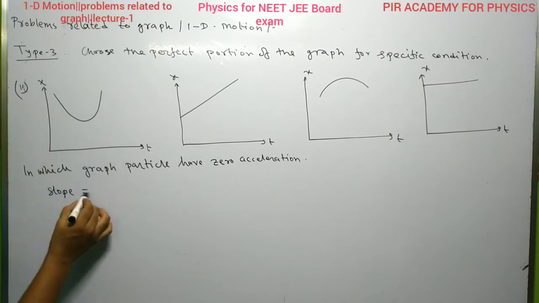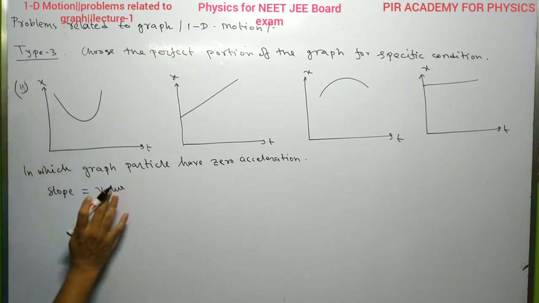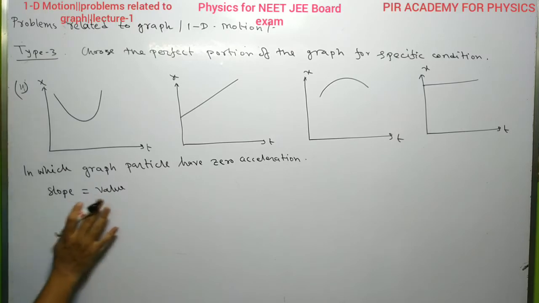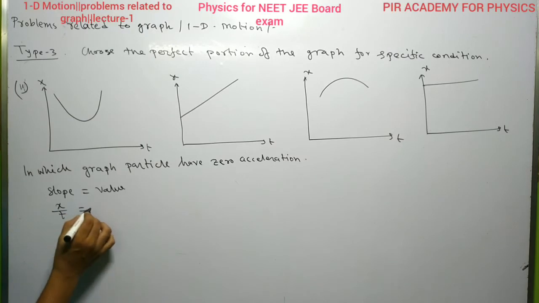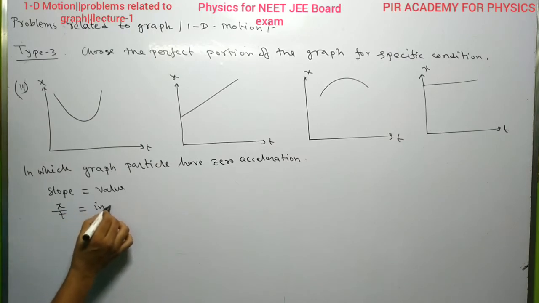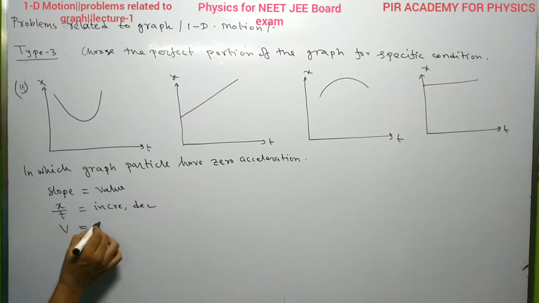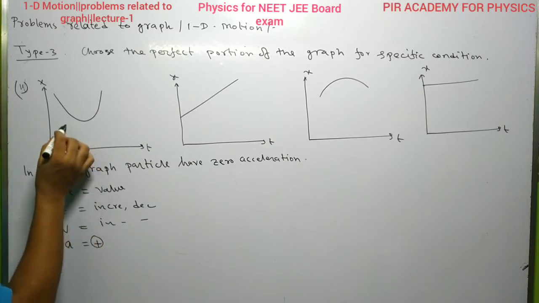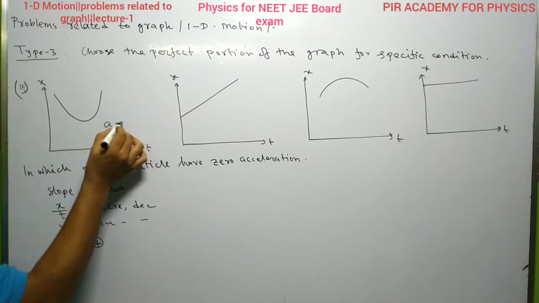That means the slope has a value, it is increasing or decreasing, not constant. If the slope has a value, then x by t will be increasing or decreasing. So v is increasing or decreasing, so there will be an acceleration. So in this condition there will be a specific acceleration.